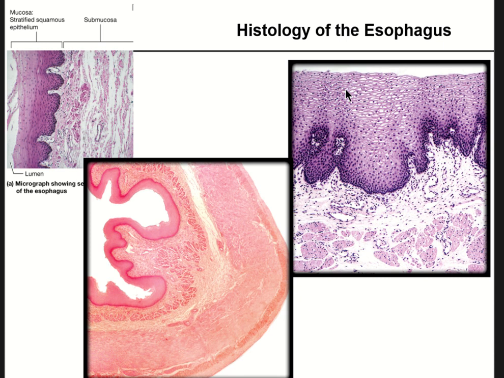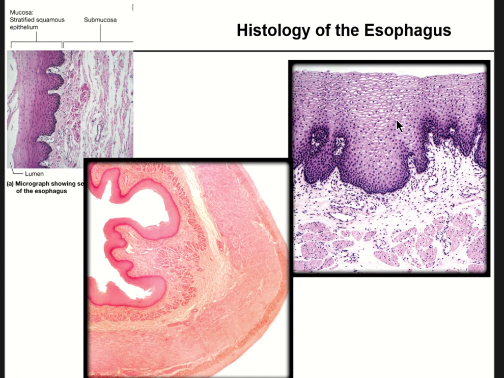Now, try to think back to where you might have seen stratified squamous before. And if some of you were thinking skin, you'd be absolutely right. Brilliant, brilliant people. So remember, skin had stratified squamous keratinized epithelium. This is non-keratinized, but it sort of serves a very similar purpose, right?